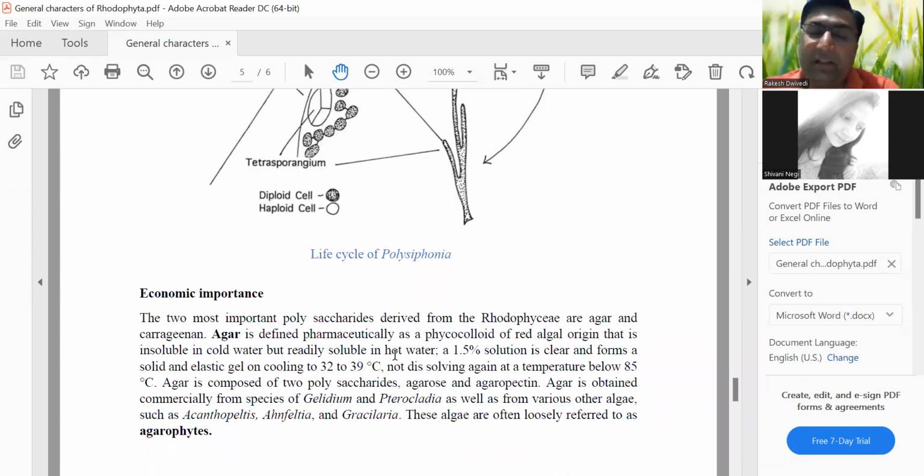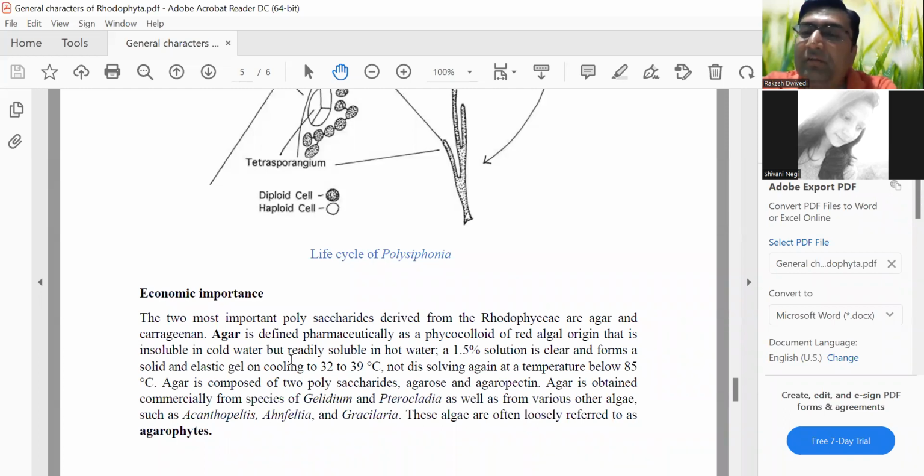Economically, red algae are very important. 2 important chemicals, they are basically polysaccharide in nature, are derived from the red algae. One is agar and another is carrageenans. Agar is phycocolloid of the red algae. The important property of the agar is it is insoluble in cold water, but it is readily soluble in hot water.